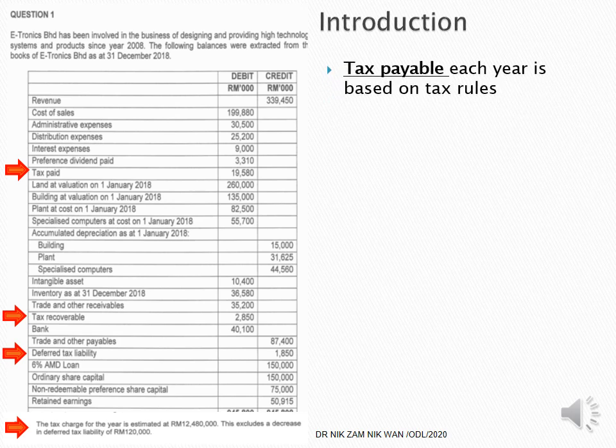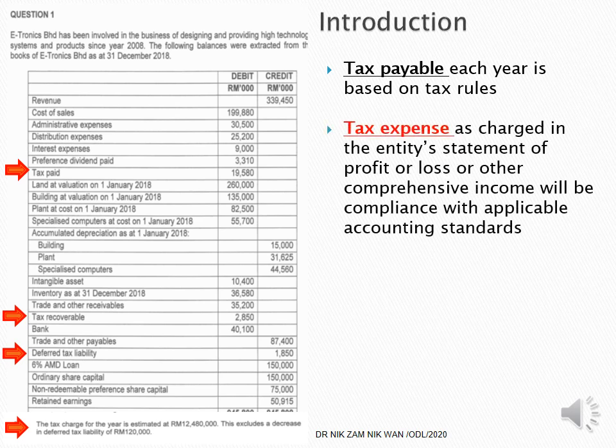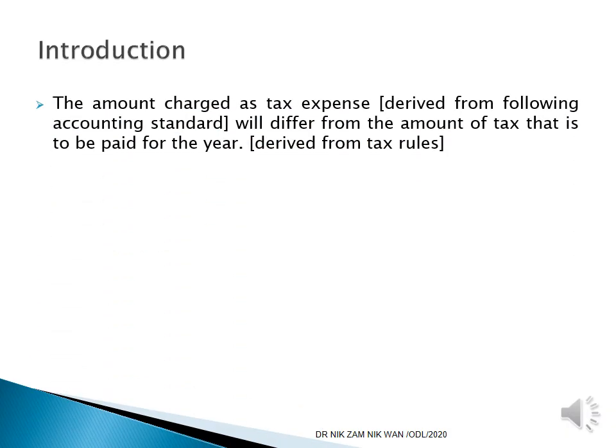So tax payable each year is based on tax rules, whereas tax expenses, the one that you show in your statement of profit or loss and other comprehensive income, are according to accounting standards. The amount charged as tax expenses derived from following accounting standards will differ from the amount of tax that is to be paid for the year, which is derived from tax rules.